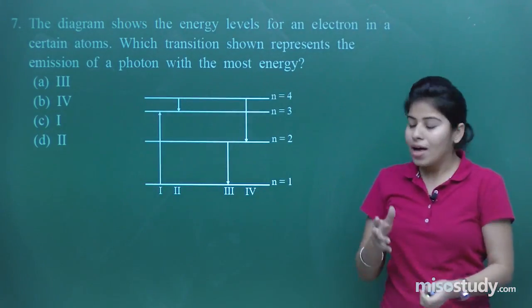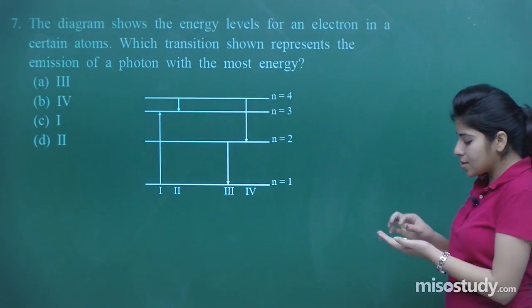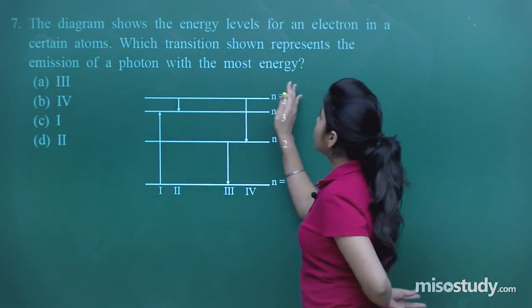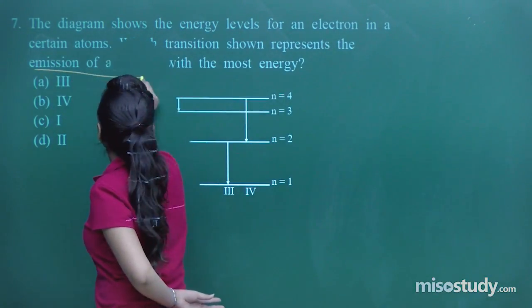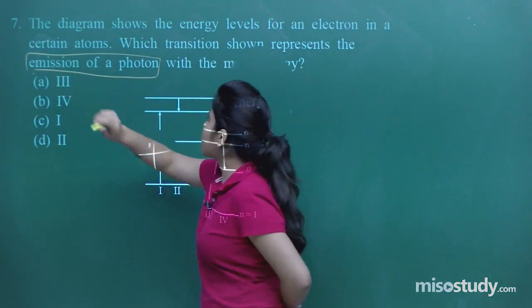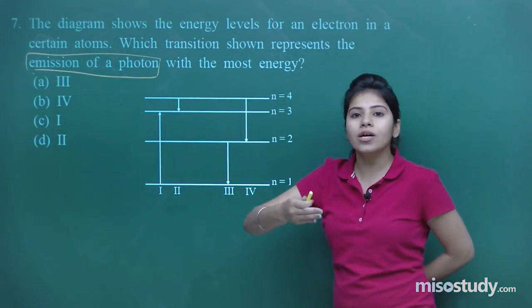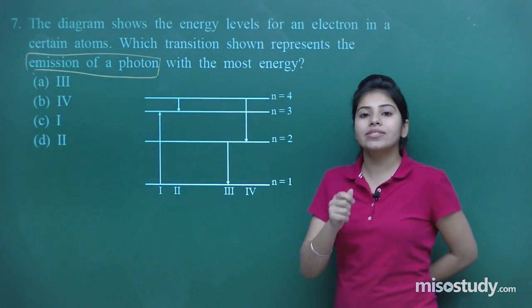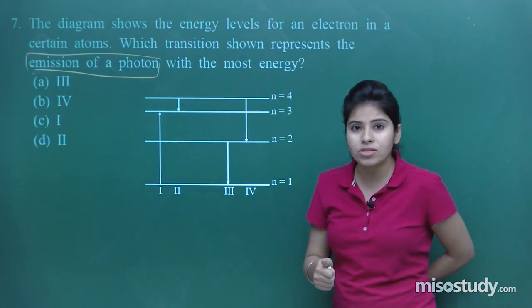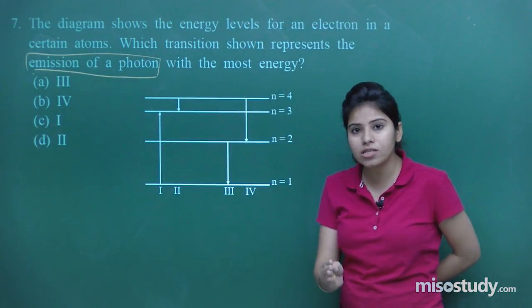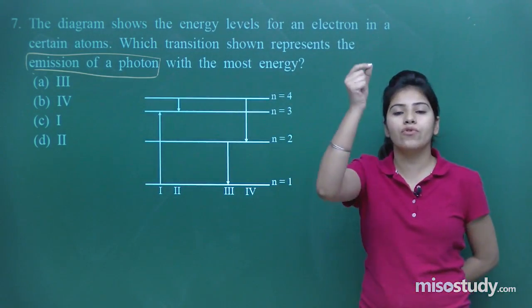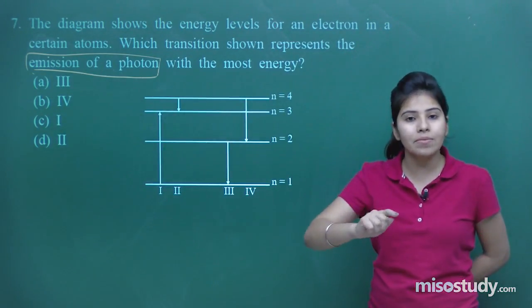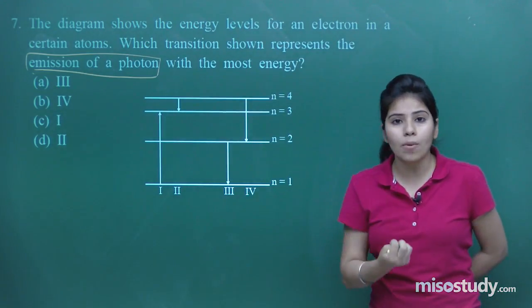Let me just tell you what we have to do in this question. This is a very simple question, and what we can just neglect from here is that if we are talking about the emission of a photon, that means you can directly ignore those options which show the electron going from a lower energy level to a higher energy level, because at that time your electron will be absorbing the energy.